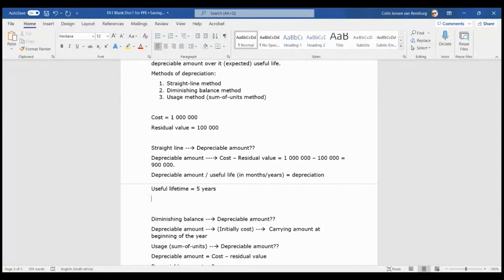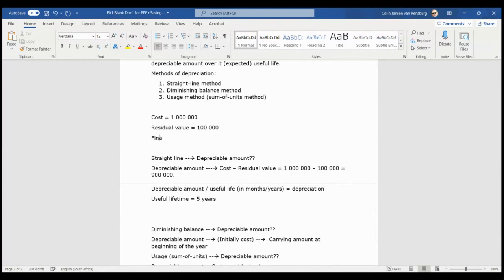Now let's make a few other assumptions, ladies and gentlemen. Let us say, maybe I should put this on top, financial year end. Let's make that end of December, 31st of December 2022. Okay, so we've got a few facts and figures now. We've already calculated our depreciable amount.